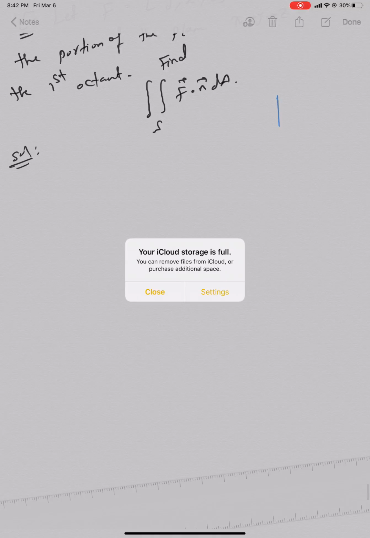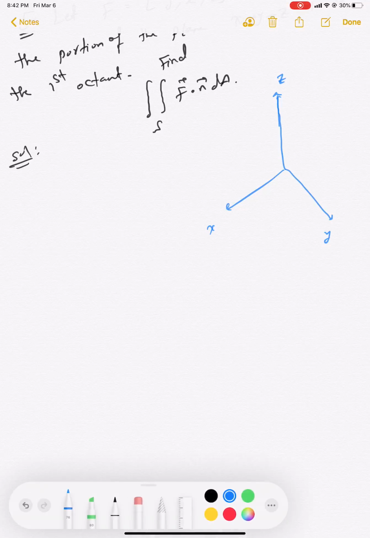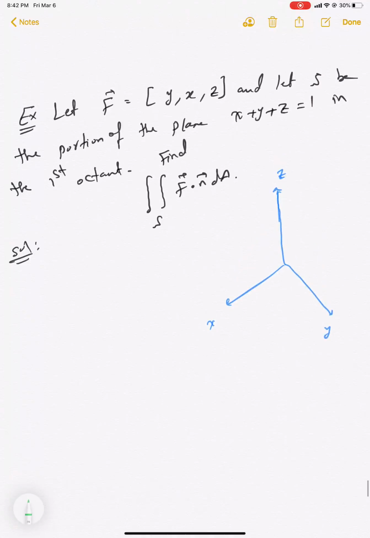So in my example, this is the x, y, z axis. Now this plane, what is this plane exactly? x plus y plus z equals 1. This is a plane. If you set y and z equal to 0, then x is 1. If you set x and z to zero, then y is 1.